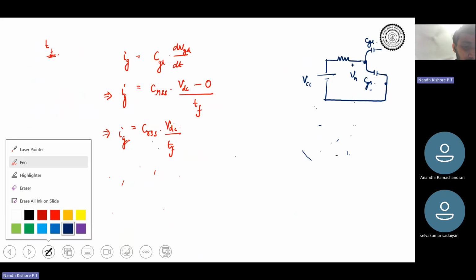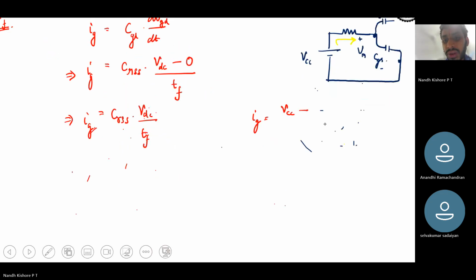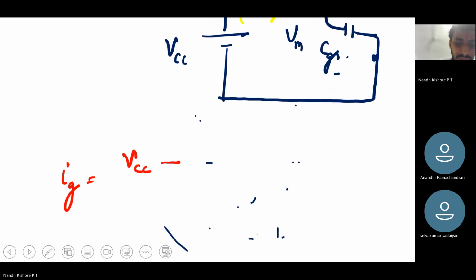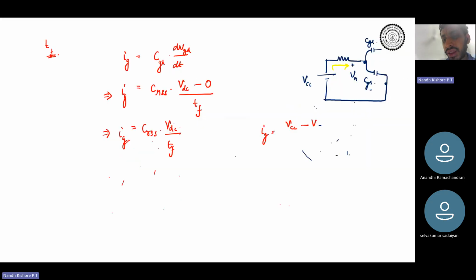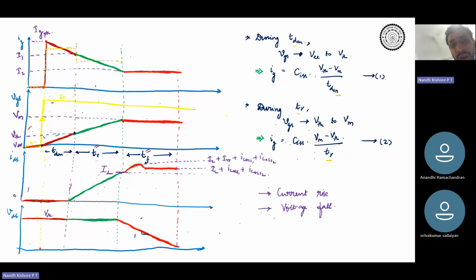So the current IG would be VCC minus whatever is the gate source voltage, so VCC minus V Miller divided by RG, right? This is the constant gate current that we were seeing in this period.